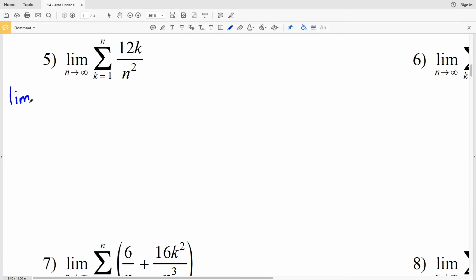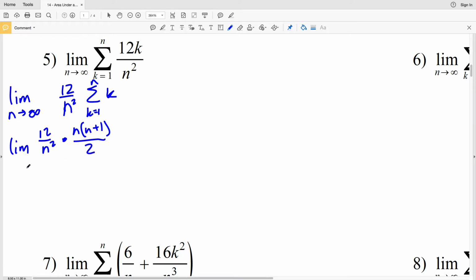So I'll have the limit as n goes to infinity of, I'll pull out, so that's 12 over n squared times the summation from k equals 1 to n of k. Remember, the summation was a formula, so now I'll have the limit of 12 over n squared times n plus 1 over 2 as n approaches infinity.